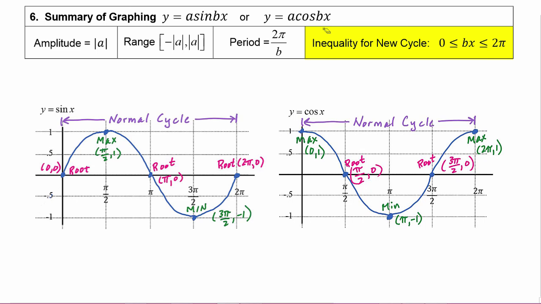But we know that the b coefficient of the argument is going to affect the horizontal stretch or compression. So solving this inequality will let us know where to start and end the new cycle.